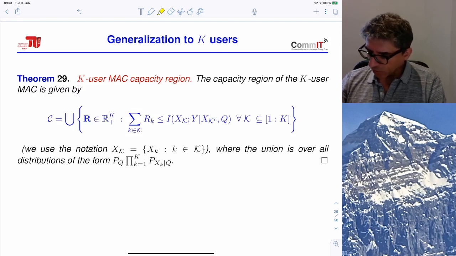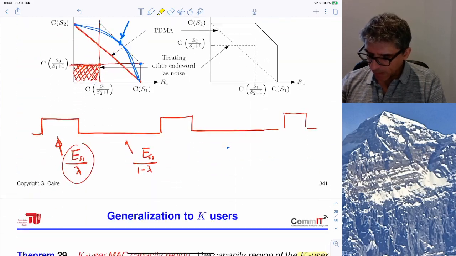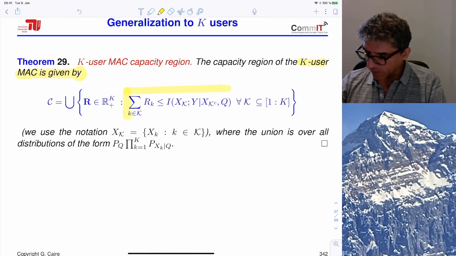The capacity region of the k user discrete memoryless MAC is given by the union of all the rate regions defined by these inequalities.